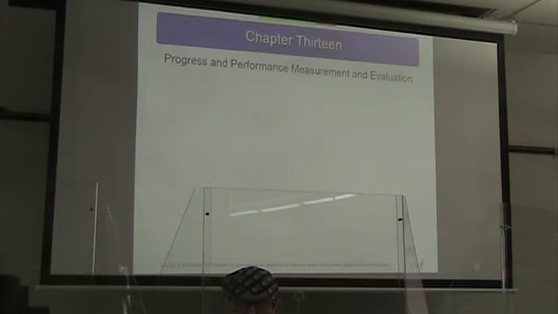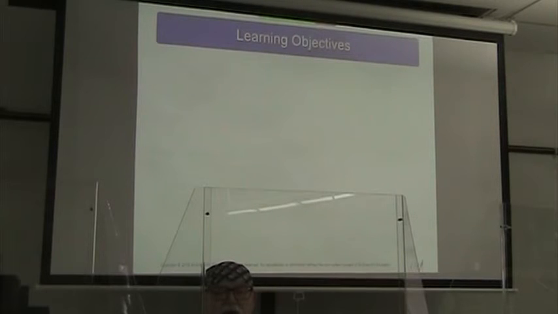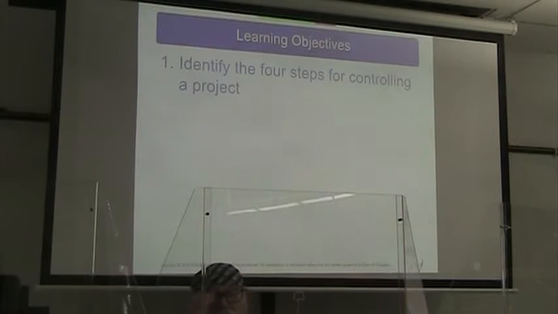All right, so chapter 13 is progress and performance measurement and evaluation. Of course, here we have our famous diagram of where we are in the book. All right, so our learning objectives.